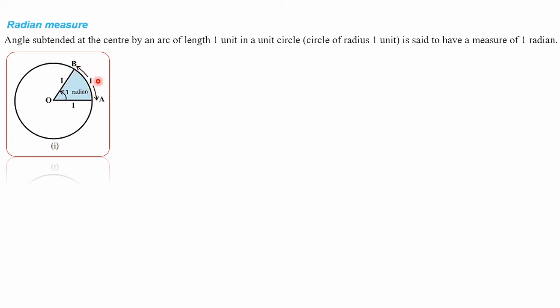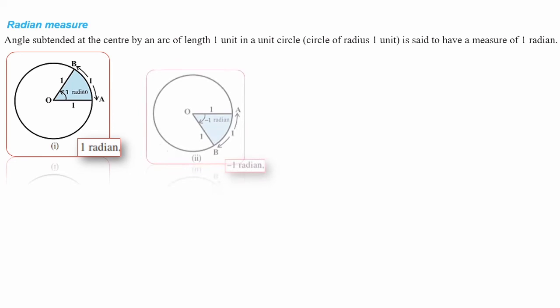Then we can say that the angle subtended by this arc at the center is 1 radian. So this is the definition of radian. In a unit circle, a circle having radius 1 unit, an arc of length 1 unit is subtending a particular angle at the center of the circle. Then the measure of that angle is 1 radian.